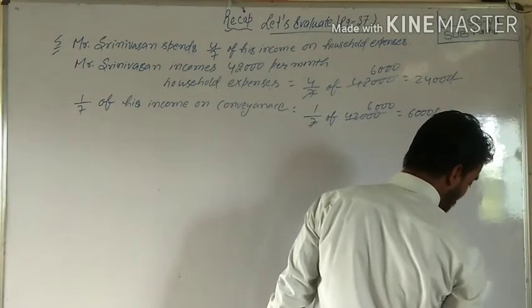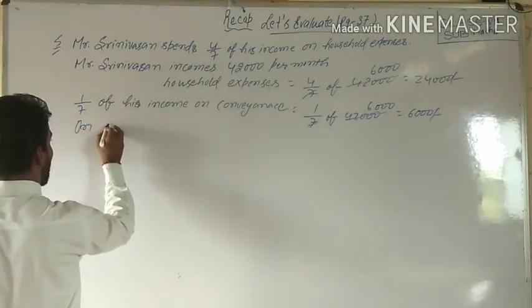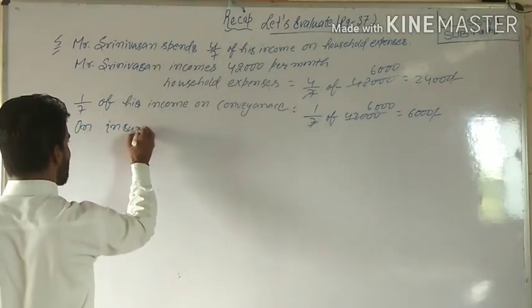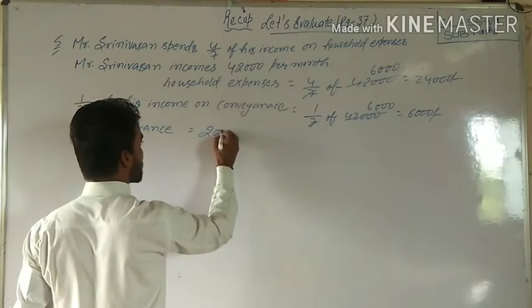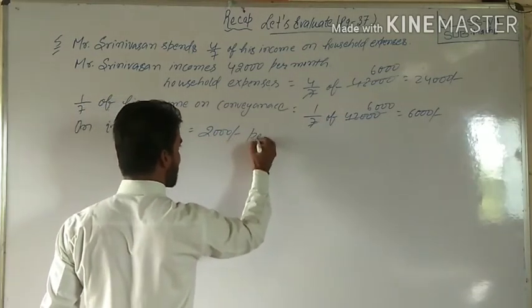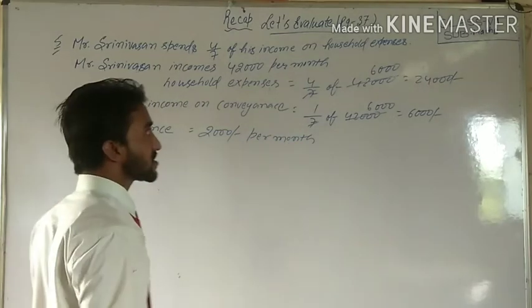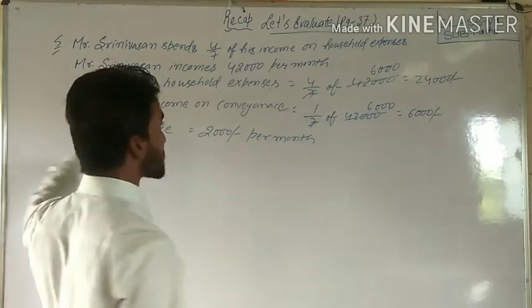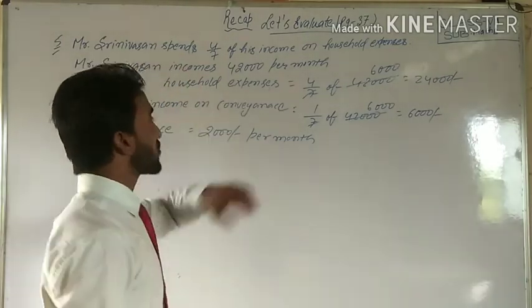See, next one: 2,000 per month on insurance. All expenses are given per month, students. Be careful. All expenses are given per month, and his per month income is 42,000.